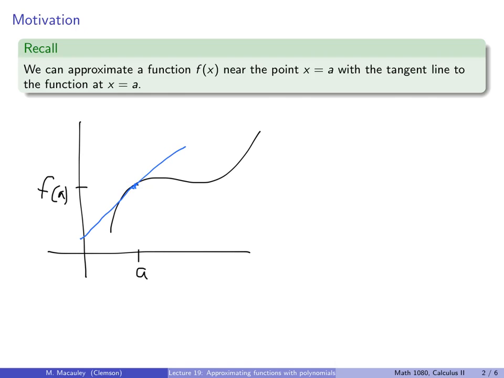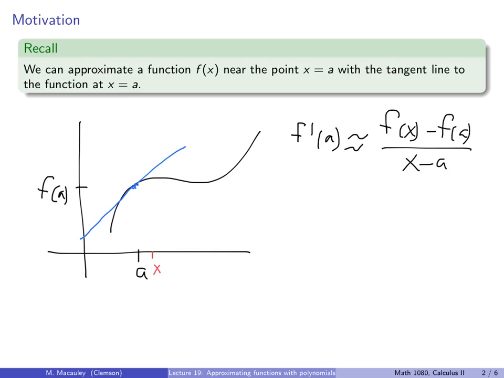So analytically, we say that the derivative f prime of a is approximately equal to f of x minus f of a over x minus a. What I mean by this is let's take an x that's really close to a.